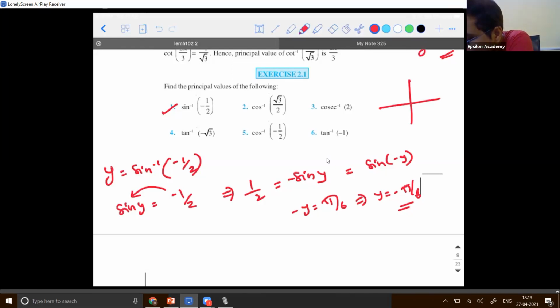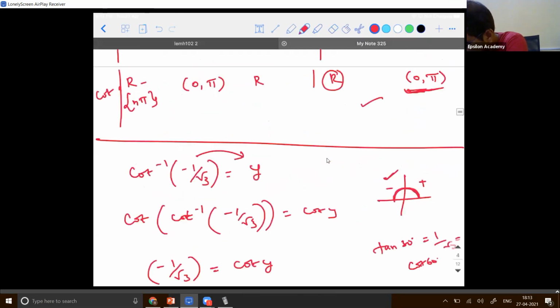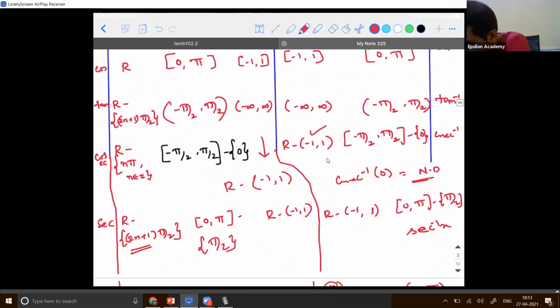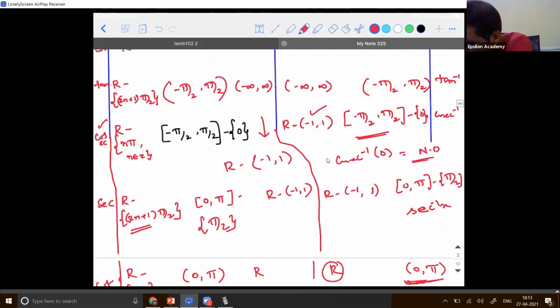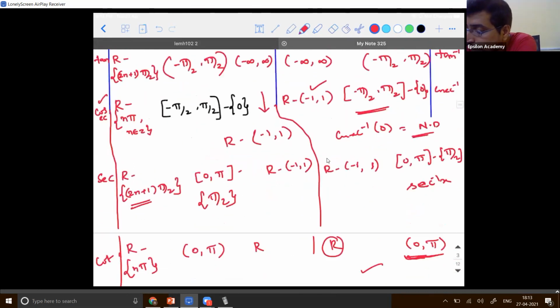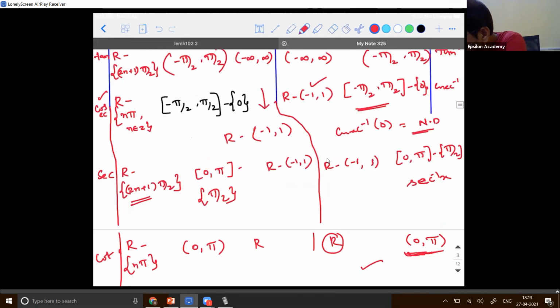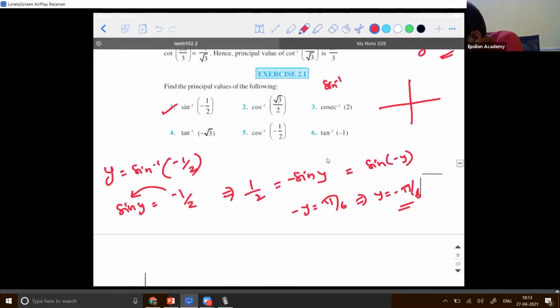One is sine inverse. Then look at the book and tell me. What are all the values? One is sine inverse, cosecant inverse, and tan inverse.